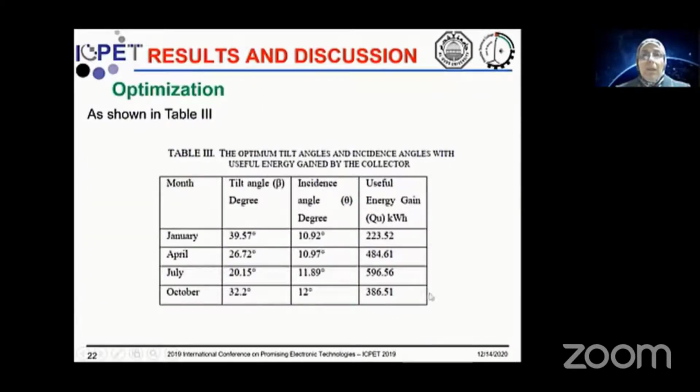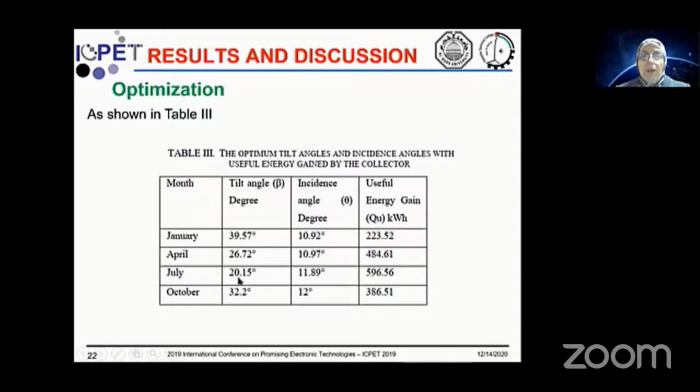This table summarizes the results we got from the figures. In January, the tilt angle is 39.57 degrees and the incidence angle is 10.92 degrees, getting a maximum useful energy of 223.52 kilowatt hours. In April, the tilt angle is 26.72 degrees and the incidence angle 10.97 degrees, with the most useful energy at 484.61.